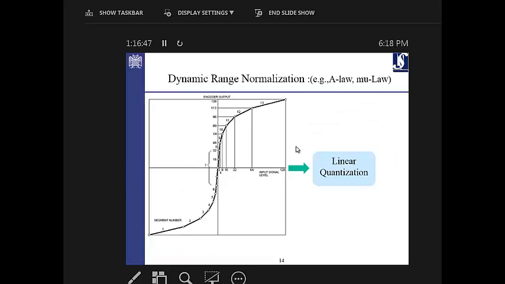About the dynamic range normalization, as I already told you, A-law and Mu-law standards: the lower part of the signal normally contains more information than the higher-level parts, the higher amplitudes. That's why normally the exponential form of the dynamic range normalizers are used, just to get this intuition that we can non-linearly assign the quantization levels.